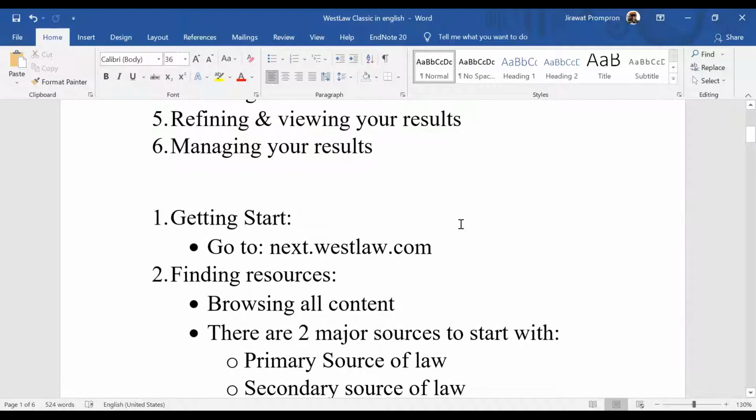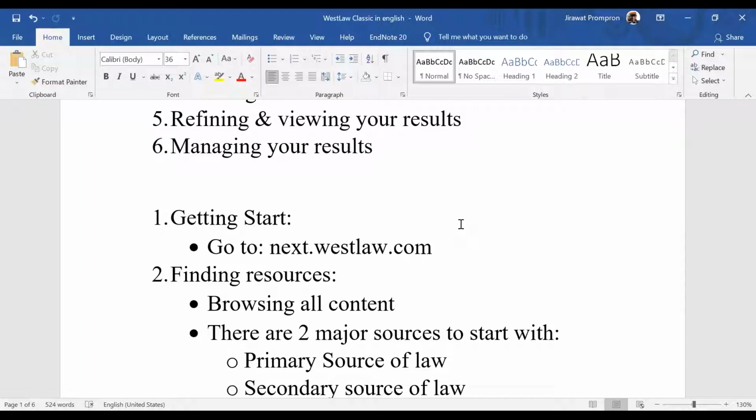So let's see, getting started. For students sitting at home, you have to connect to the VPN and follow the link next.westlaw.com. When you are using the VPN at your home or even your hometown, you don't need to log in anything.